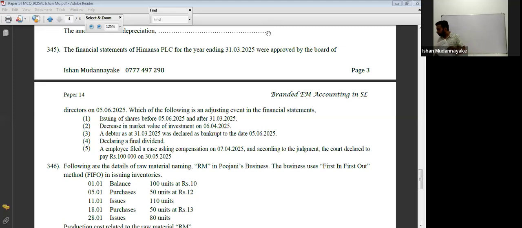Which of the following is an adjusting event in the financial statements? What are the adjusting events?